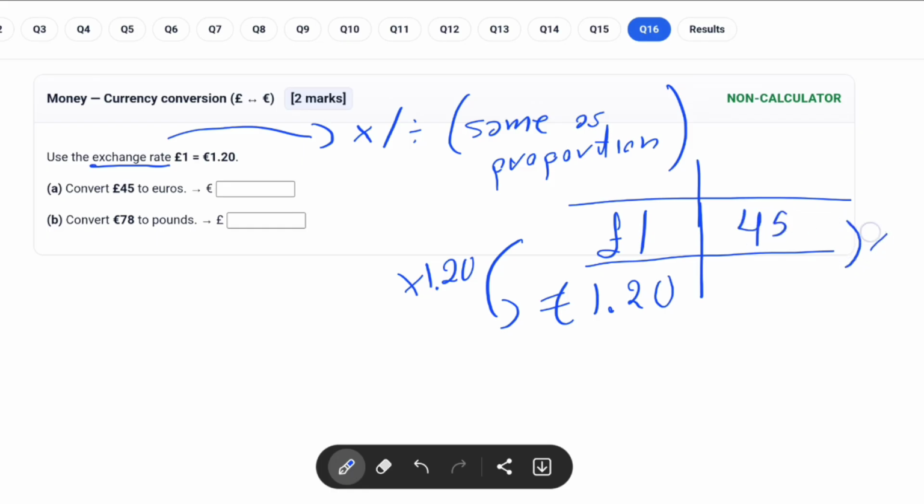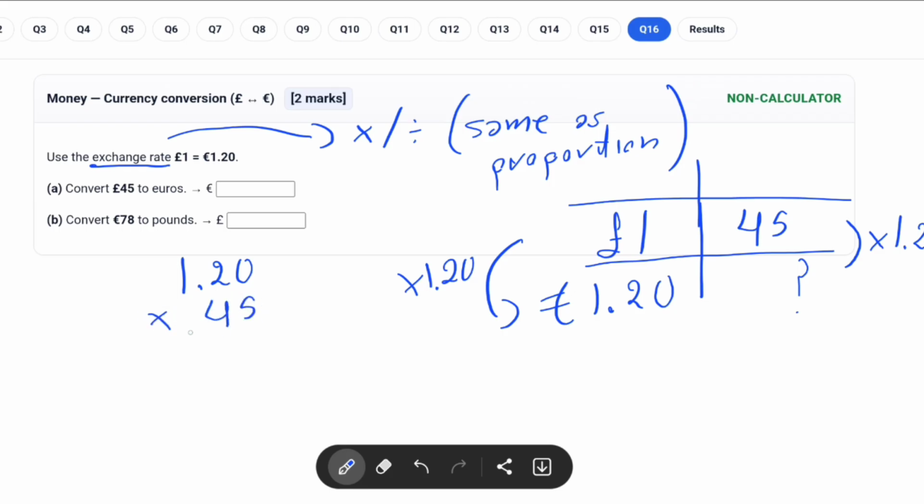On the right hand side, I'm gonna write down the 45 pounds that was given to me on part A, and I'm gonna time that by 1.2. If you're not completely sure how to do that, I recommend you to practice columns, multiplication, or the grid, whatever you're more comfortable with.